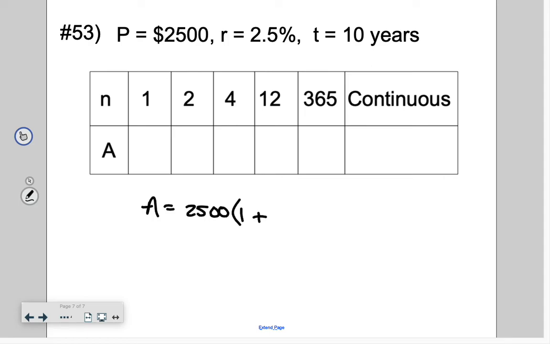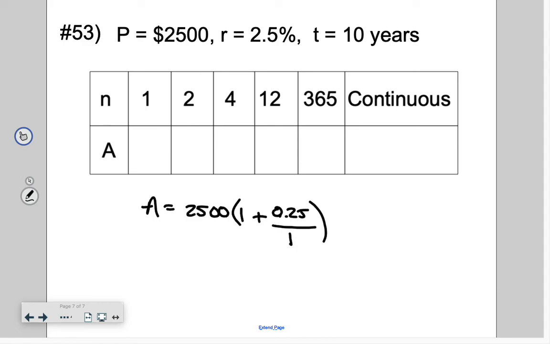Interest rate as a decimal, 2.5% is what as a decimal? 0.025, not 0.25, that's 25%. So we would do 0.025 divided by the number of times you're compounding, so it depends on which part. We'll start with 1, and then I'll show you how you can easily fix it. So if we're only compounding once, we would just put over 1.